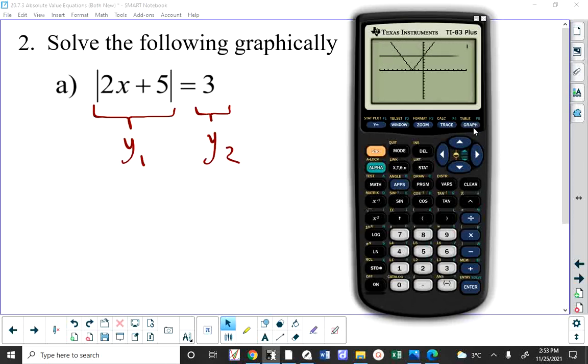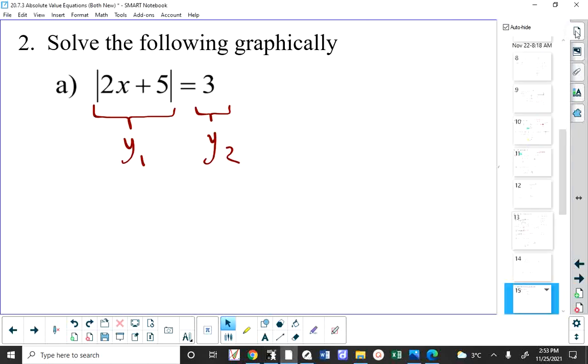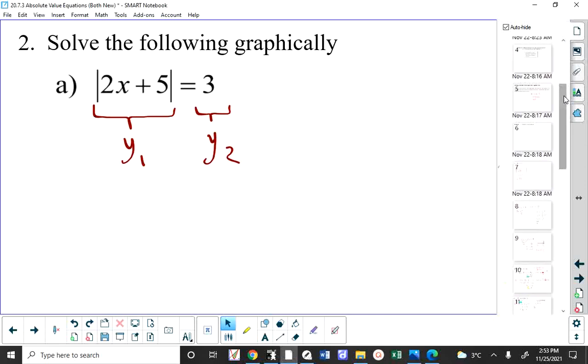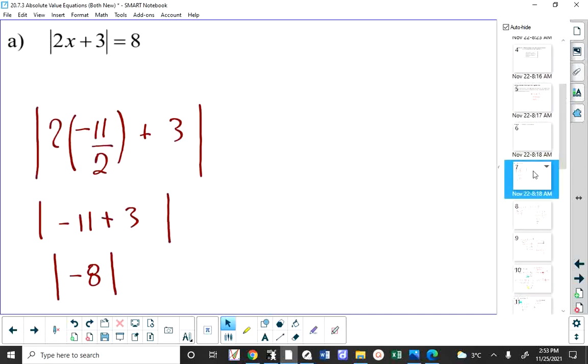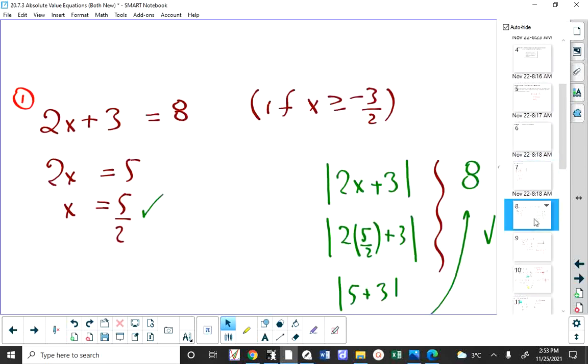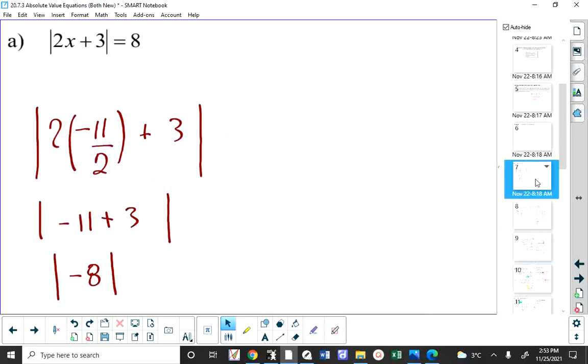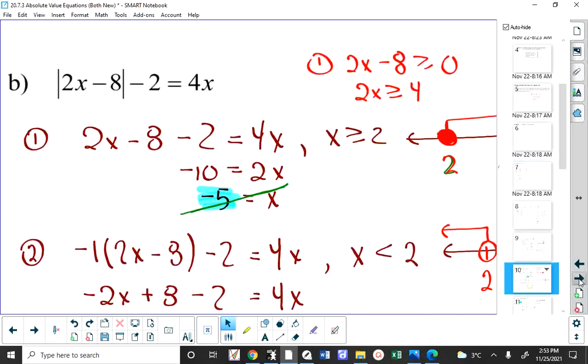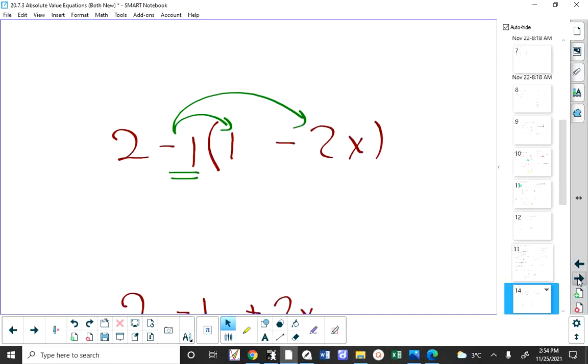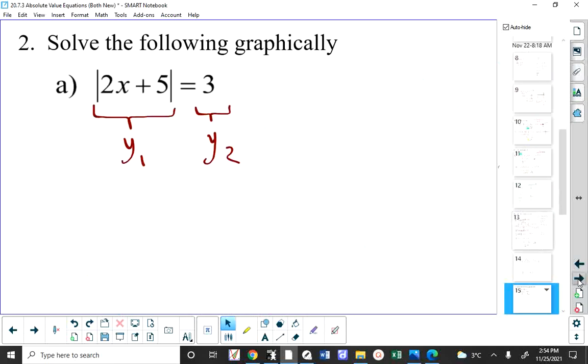Before I find the solutions, how many places do these two functions cross? 2, right? I don't know if you noticed, but if we go back and look at the question, it's not the same as question A. That's okay. It crosses in 2 places. And that means we're going to have 2 solutions.